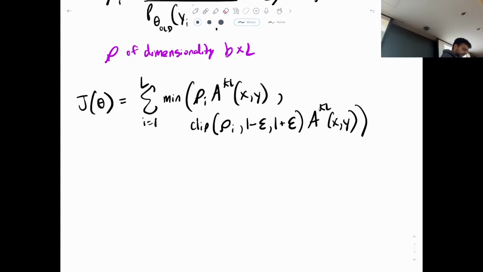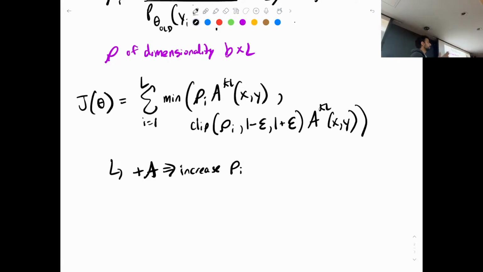So if you look at this, and we analyzed this a little more closely in the last class, different cases of if the advantage is positive and the ratio is this, what happens? There are a couple things that I want to emphasize. First, the intuition here is that if the advantage is positive, our goal is to increase the policy ratio.